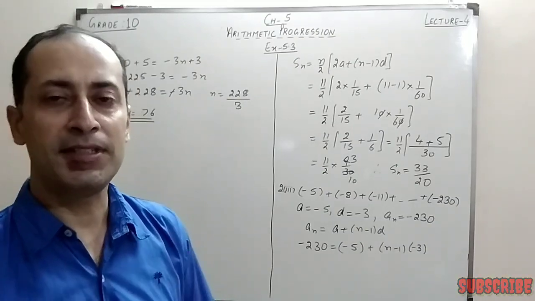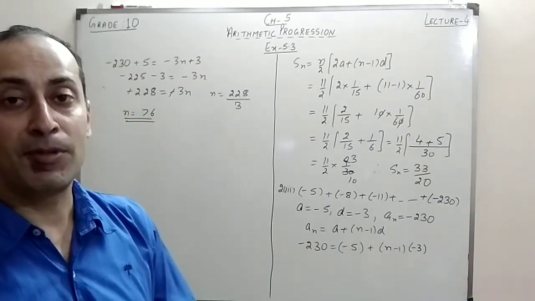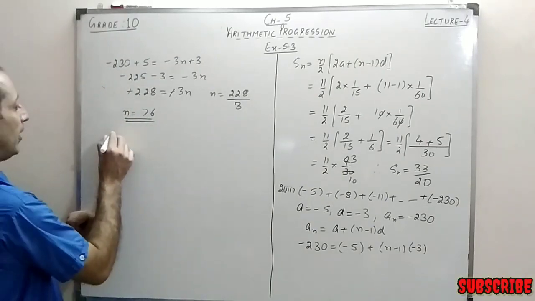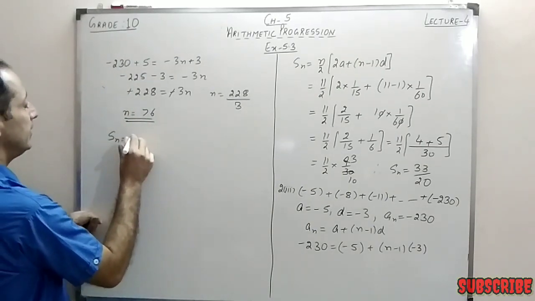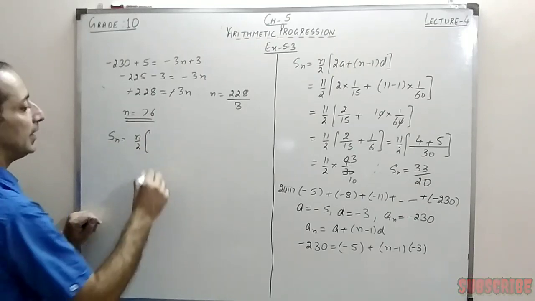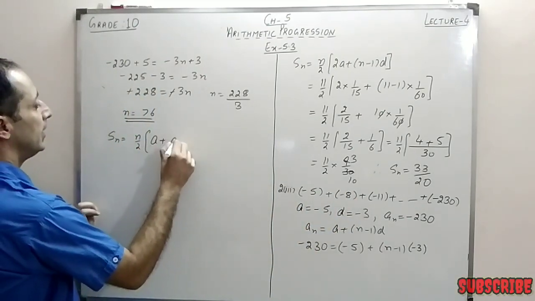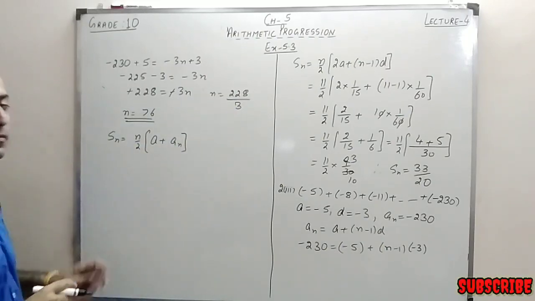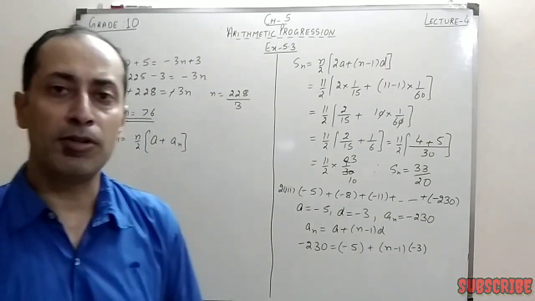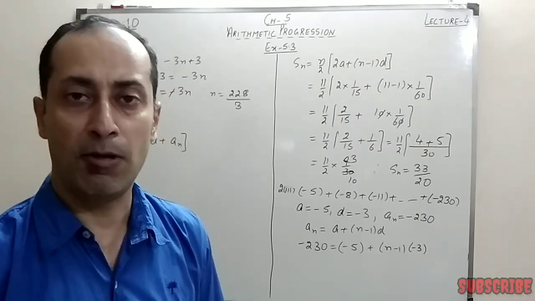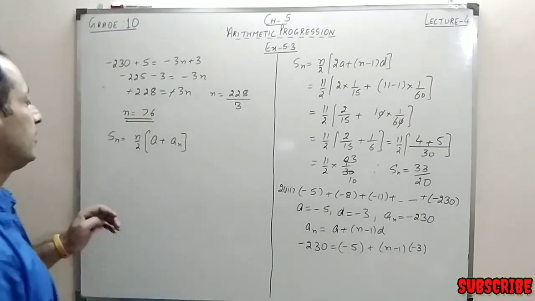So when I get n equal to 76, don't think the question is over, because our main motive is to find the sum of the series, not the number of terms. So now I have to find the sum. One more thing I can do: since I know the last term, that is the nth term of an AP, I can use the relation a plus an. An can also be written with the symbol L. Now I just put in the values.